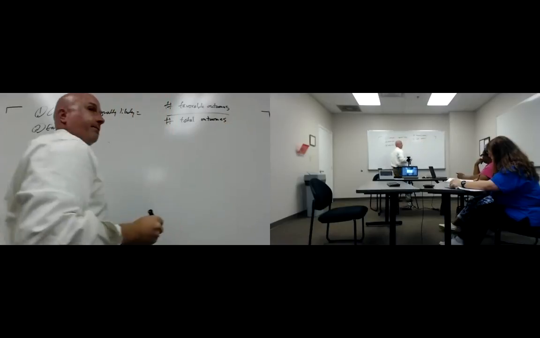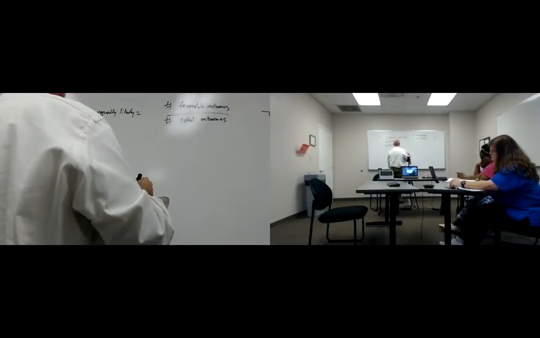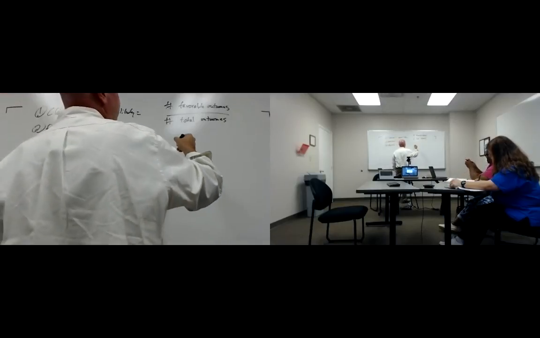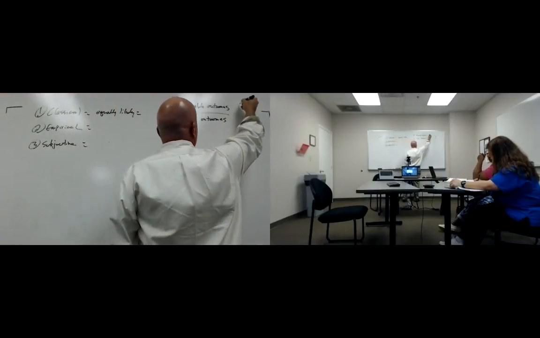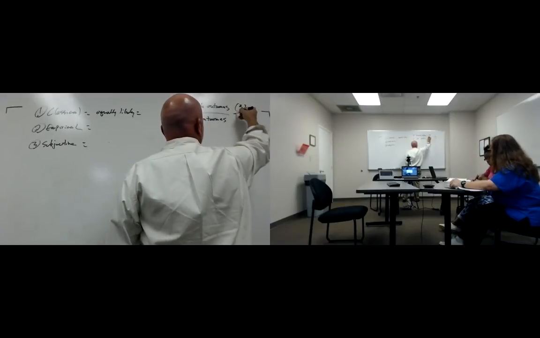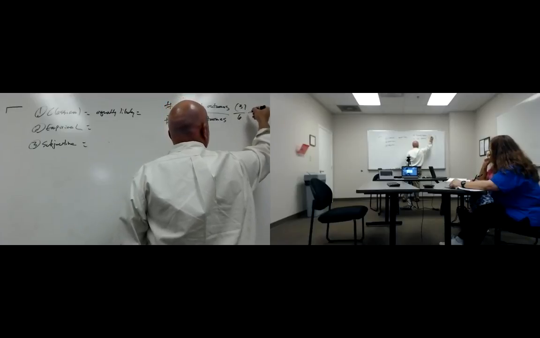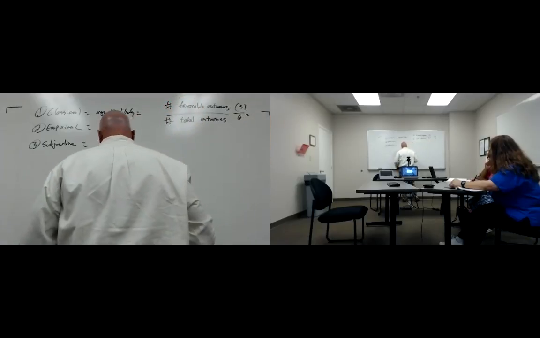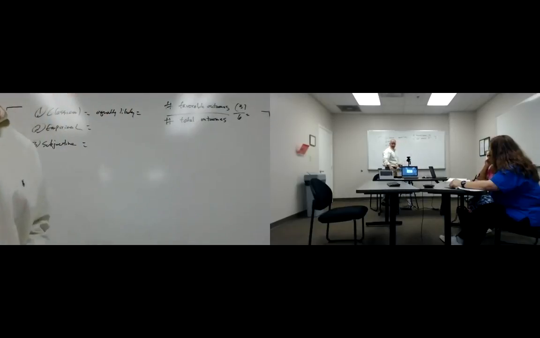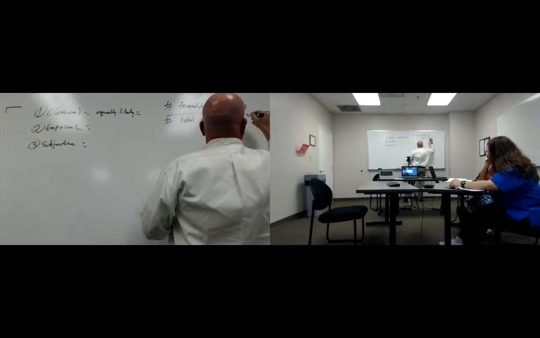So that would be 3 divided by 6. There are 6 total outcomes. So what's the probability? 0.5.